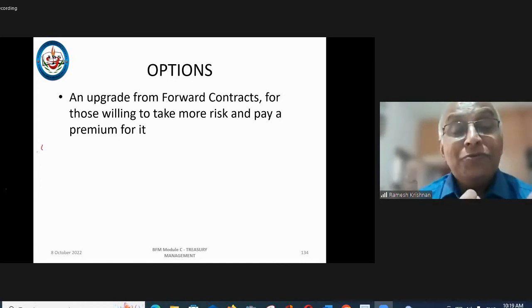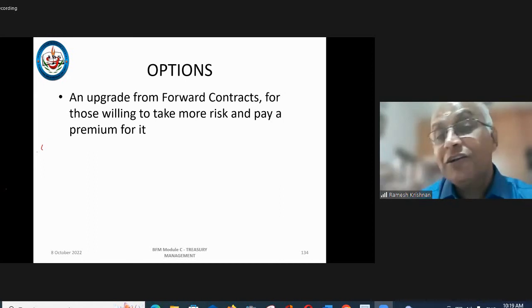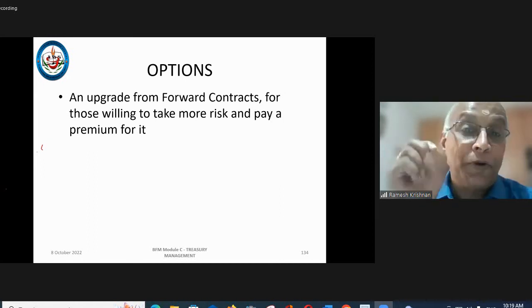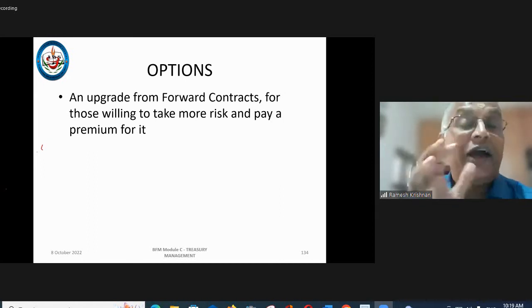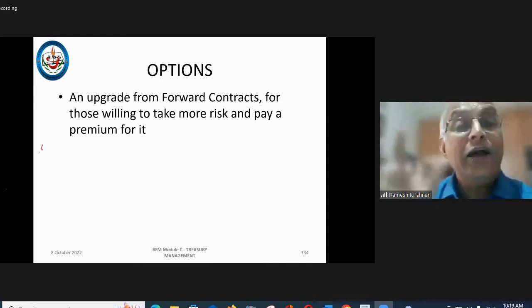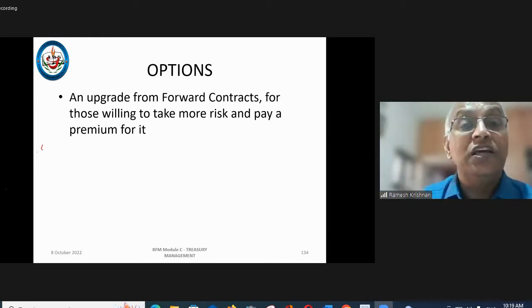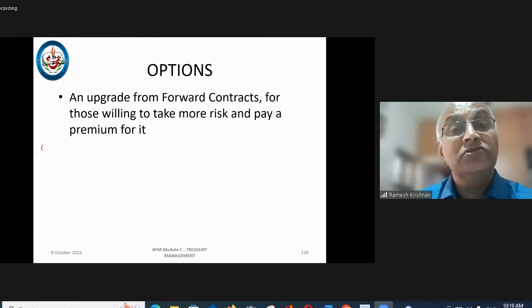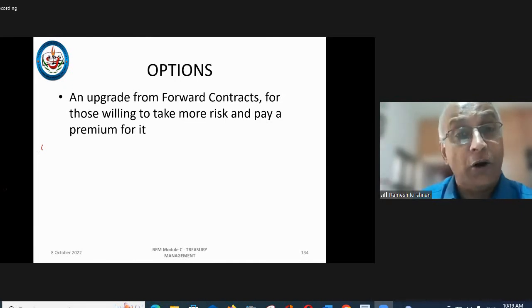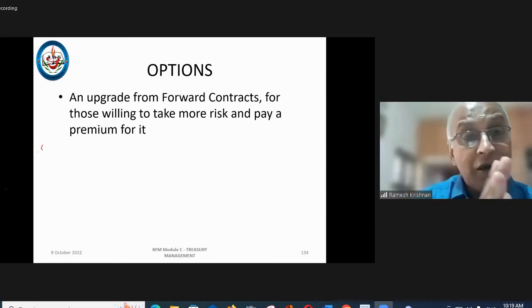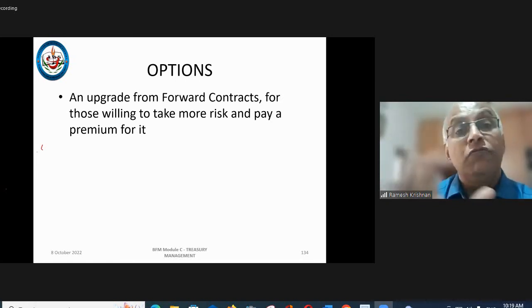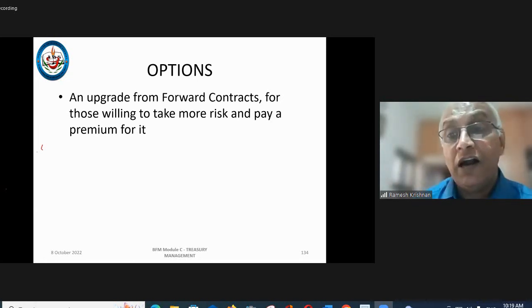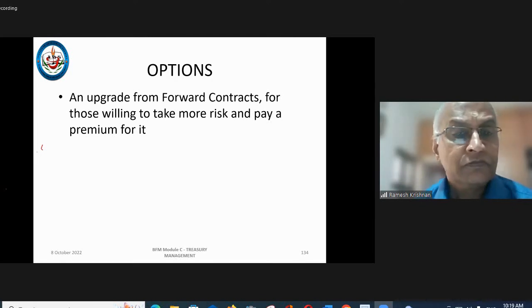But for options, the premium will vary depending upon the price at which you choose the option, the tenor, and also the volatility witnessed in the market. You will see this even in stock options. Every month end, the last Thursday, the options expire, and as we come closer to that date, the premium volatility could also be higher. If somebody is following the NSE derivatives market, they can understand it better.